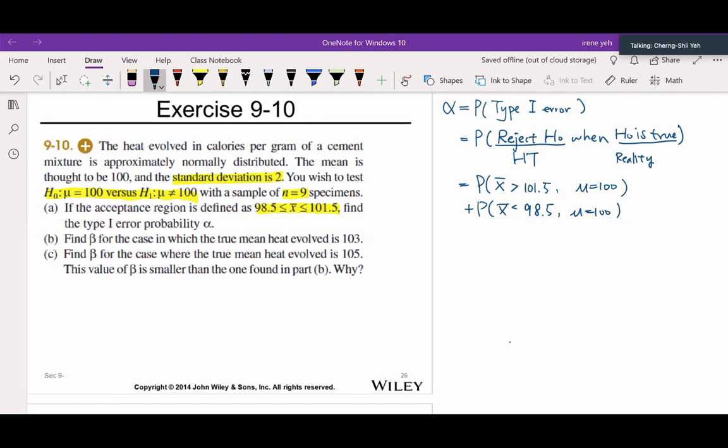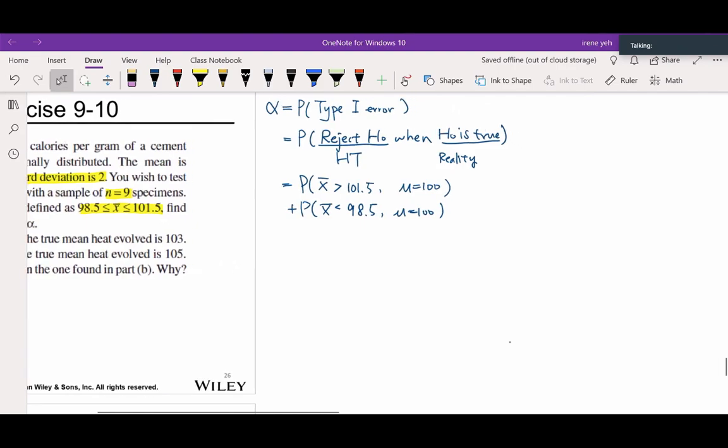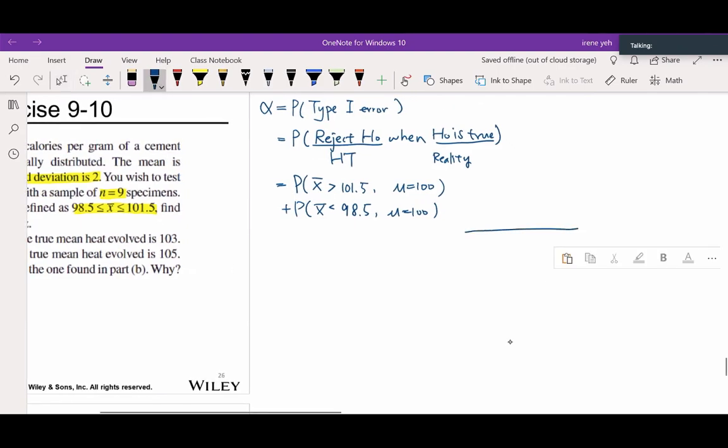Okay. So let's sketch this. This is my null hypothesis. Population mean is 100. Critical values 98.5 and 101.5. Rejection area is here.